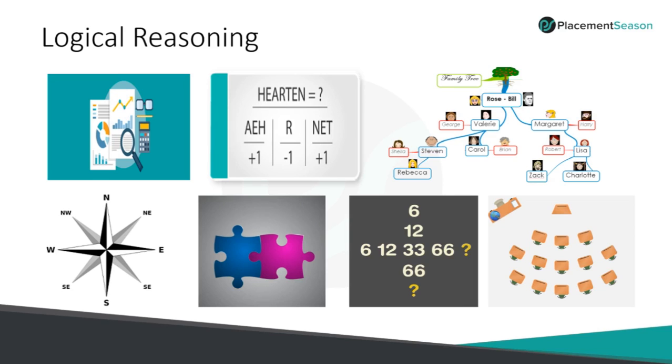So if you take a seating arrangement problem, you'll be given that a person is sitting left to or right to or second to the right of or next to this particular person, something like that. So you need not read the whole question, the whole story. You can just skim through the passage and see what all the keywords are. That's how you do the logical reasoning question.